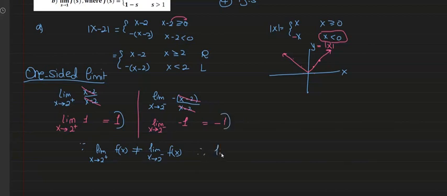Therefore, the limit of the function as x approaches 2 does not exist. Why? Because the function jumps. The function does a jump at x equal 2, from negative 1 on the left side to 1 on the right.